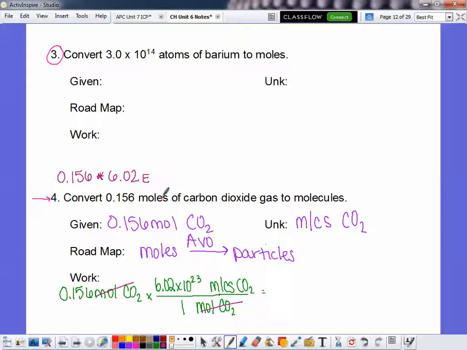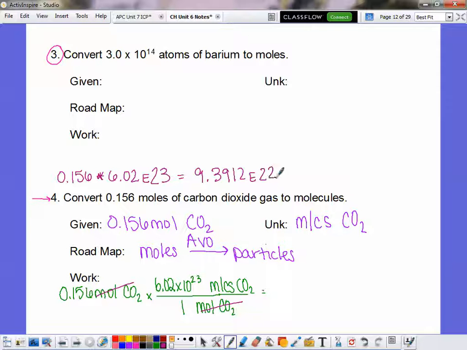Notice I didn't type times or 10 or the caret. I just did the E. And then you type the exponent, 23. So it'll look like that. Okay? And then enter. This is what the calculator is spitting out, 9.3912 E22.